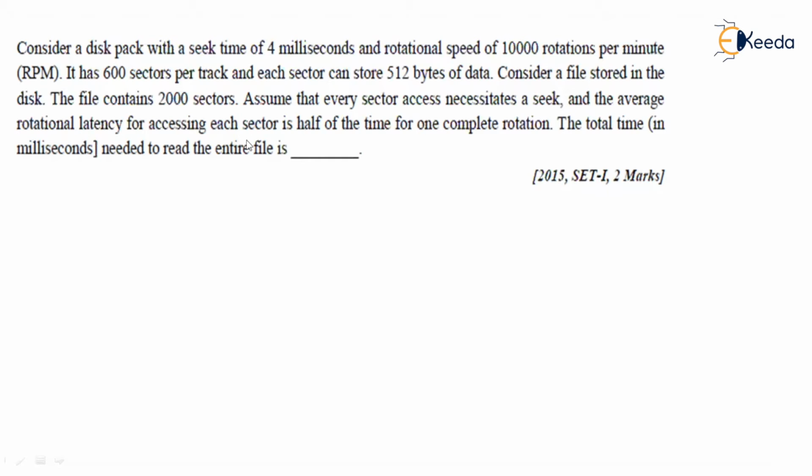So here we are asked about the access time. The access time is asked. So you know the access time formula. But here, since every sector necessitates a seek, we need to calculate it for total 2000 sectors.